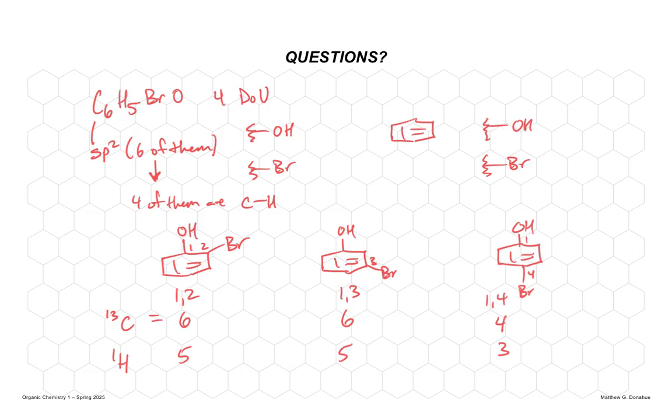What's constant between the 1,2 and the 1,3? That OH group is not going to help us. It's going to be a broad singlet no matter what, so we don't have to worry about it. Let's walk around the ring for each, then we'll go back to that data, and then we'll make our final decision.